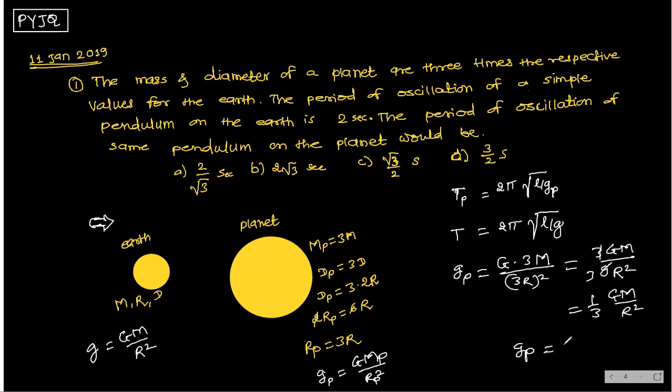So gp is equal to 1 by 3 times g. Understand? Understood? Yes, sir. Now just take the ratio of this, or you just substitute this gp value here and you will get the answer. Just substitute the gp value here and see what you are getting.